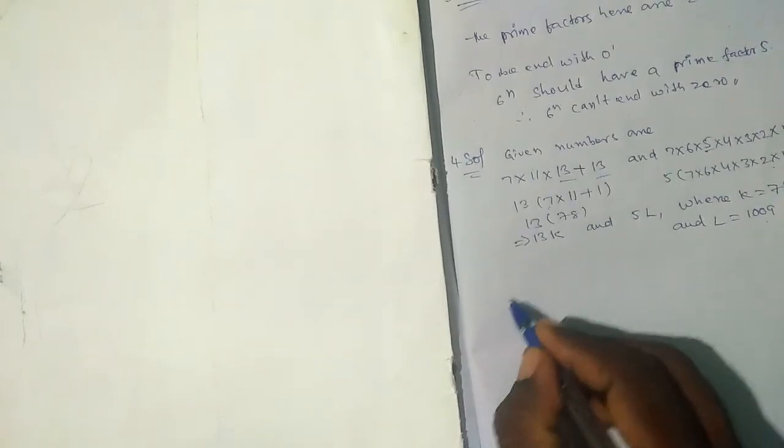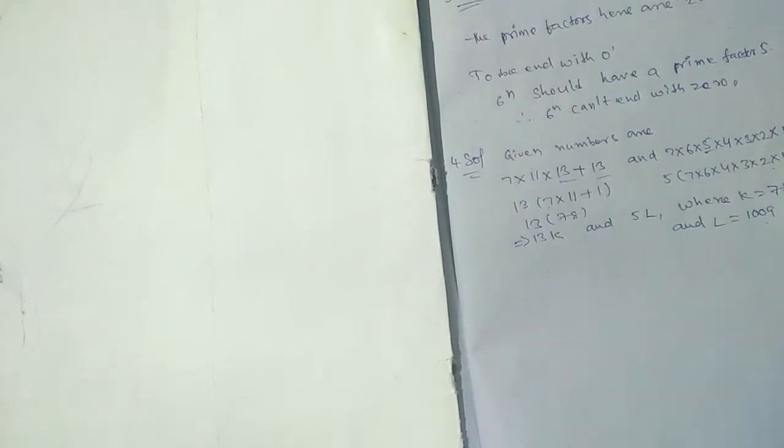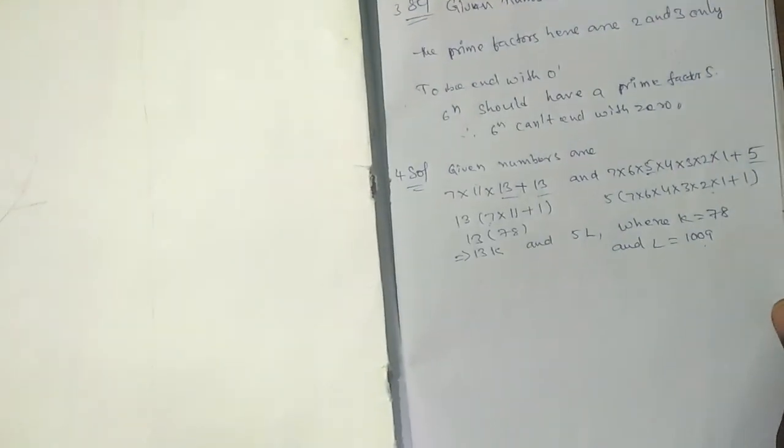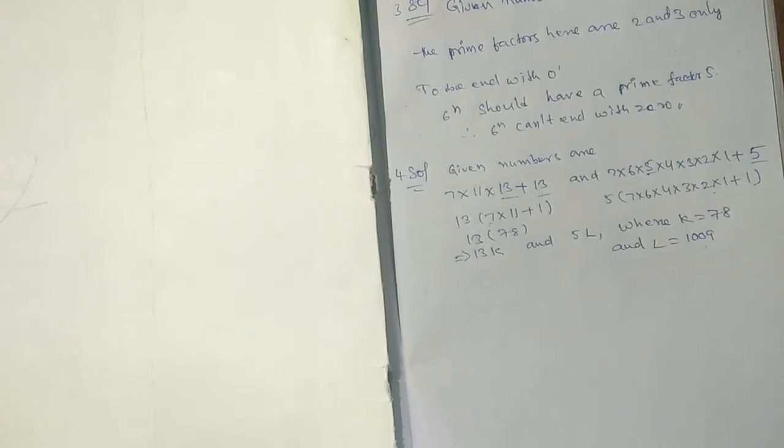As we know, if a number can be written in the form of a product of prime numbers, it is known as a composite number. Do you understand? So the fundamental theorem of arithmetic says a composite number can be expressed in the form of a product of prime numbers.